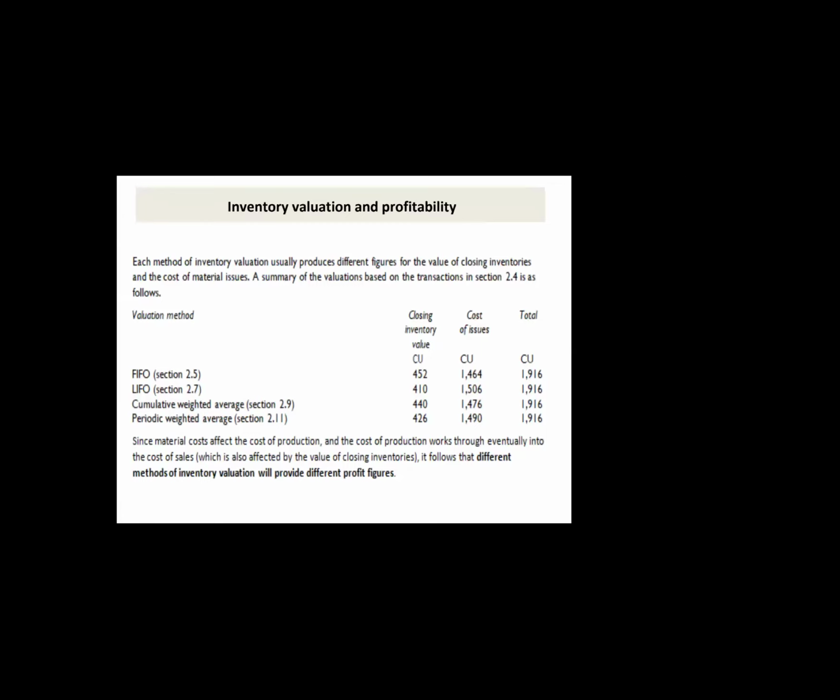Under LIFO, 410 and 1506 is our cost of issue. Under cumulative weighted average, 440 is our closing inventory and 1476 is our cost of issue. And finally, periodic weighted average method: 426 is our closing inventory value and 1490 is our cost of issue.